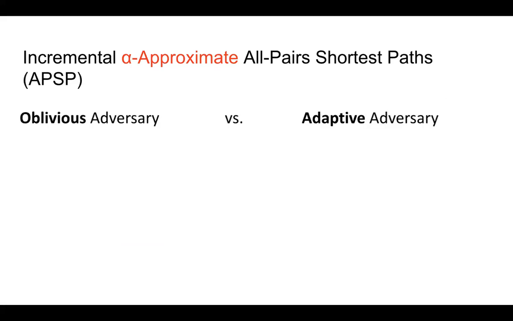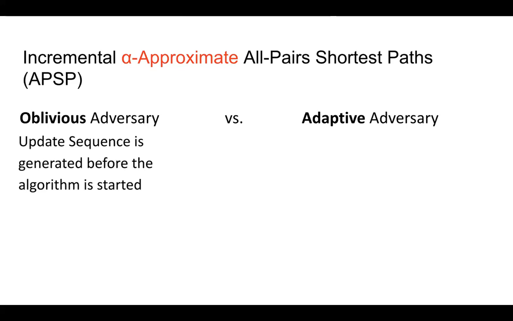I'll say a little bit about the model. It's really important for this problem to distinguish adversary models for applications. There are many algorithms that only work against oblivious adversaries. And nowadays we are trying to get really fast algorithms for adaptive adversaries. Oblivious adversary means that the update sequence is generated before the algorithm is started, so all the insertions are generated beforehand.